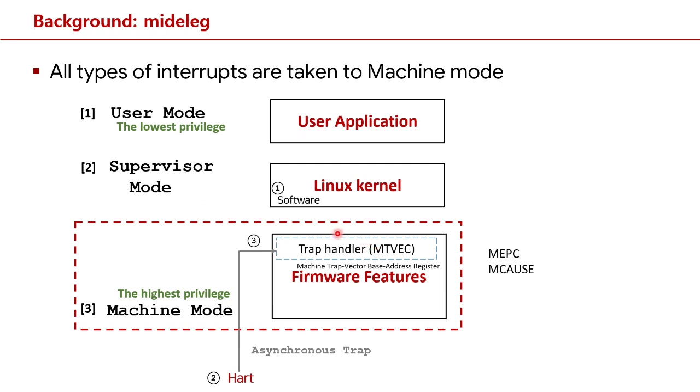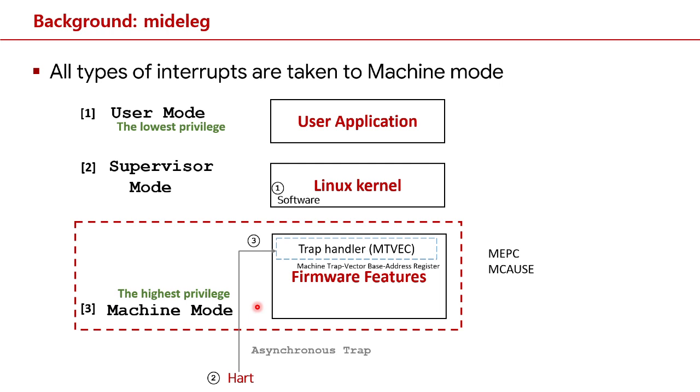This slide also shows you the interrupt occurring in the supervisor mode. When the software is running in the supervisor mode, where the Linux kernel is running, the RISC-V core can generate an asynchronous trap. Please note that an asynchronous trap can be caused by an interrupt.